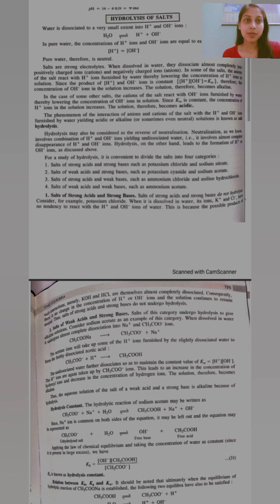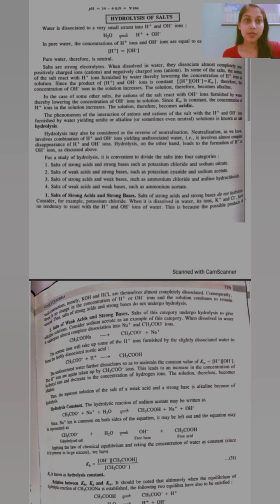Discussing the first, salts of strong acids and strong bases do not hydrolyze. Consider, for example, potassium chloride. When it is dissolved in water, its ions K+ and Cl- have no tendency to react with the H+ and OH- ions of water.